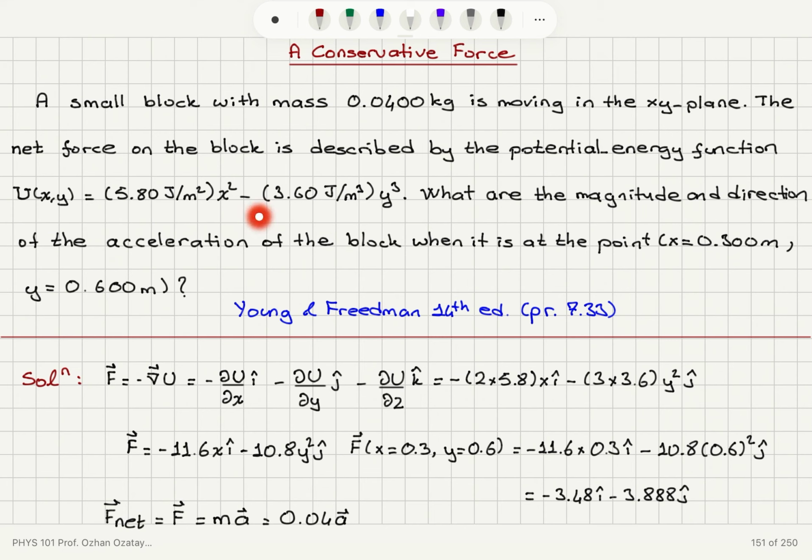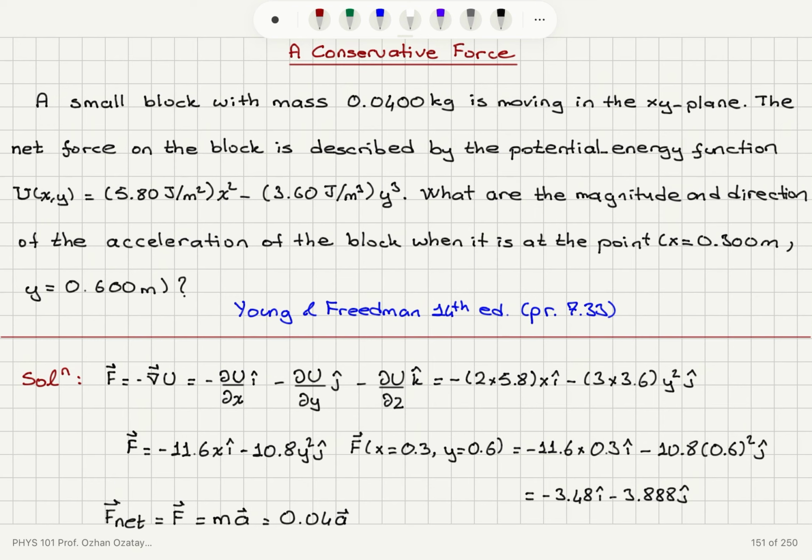So given a potential energy function that represents this force, force is equal to minus the gradient of the potential energy function: minus the partial derivative with respect to x i hat, minus the partial derivative with respect to y j hat, minus the partial derivative with respect to z k hat applied to the potential energy function. That's the operator. So that's what we do here.